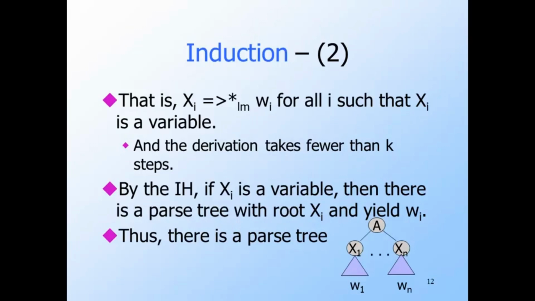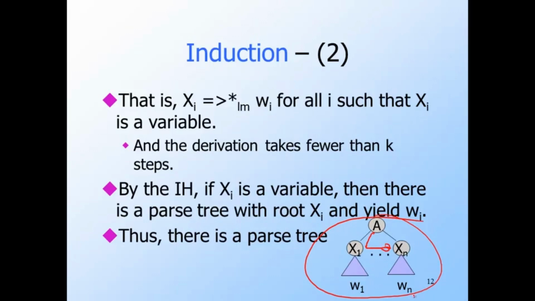Thus, we can build the parse tree shown, that is this. The root uses the first production of the derivation, that is A goes to x1 through xn, and the ith child either is wi if xi is a terminal, or it is the root of a parse tree from xi deriving wi. The yield of this tree is w1 through wn, which is w.